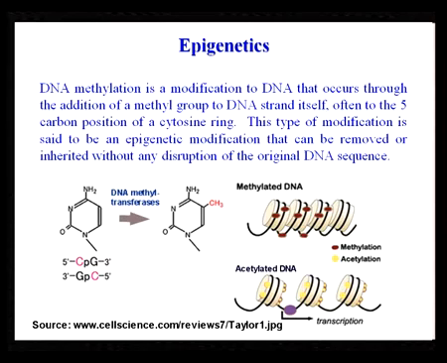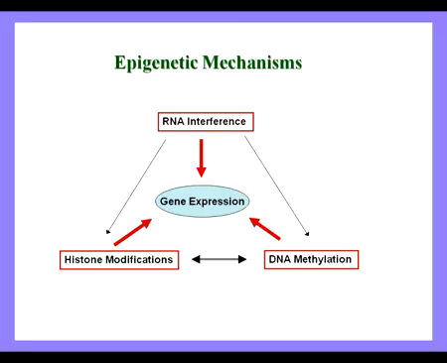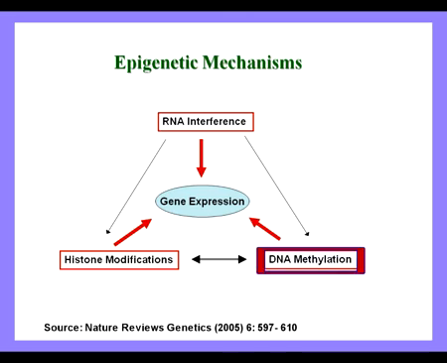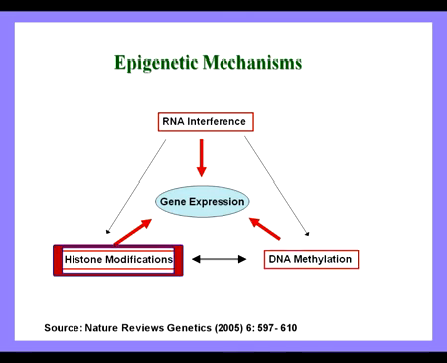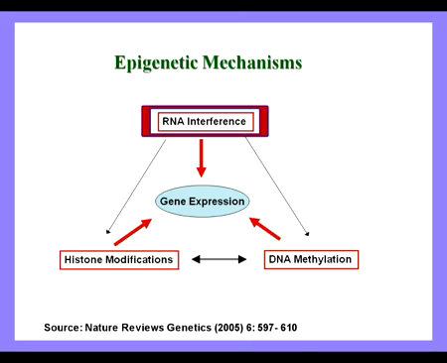Transcription means proteins are being formed, and we are constantly using those proteins in various metabolic pathways. So these epigenetic mechanisms operate at three different levels. One is DNA methylation, which we have discussed, the other is histone modification, which we will briefly discuss, and the third is RNA interference.